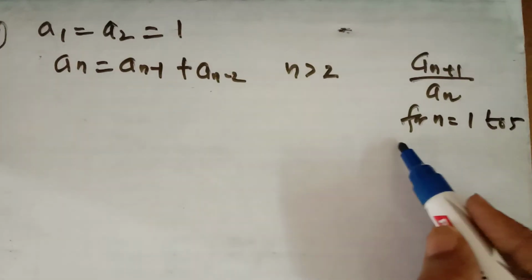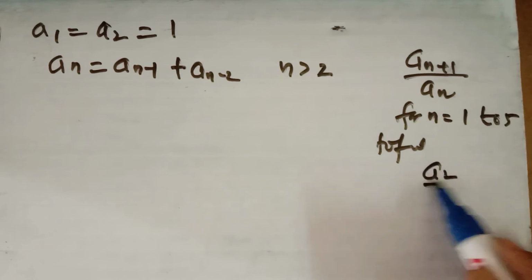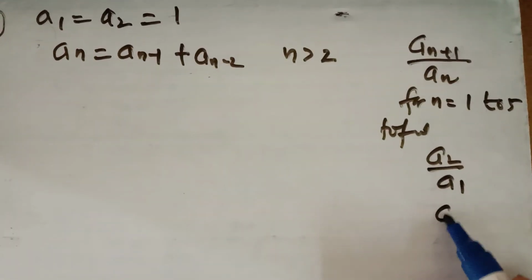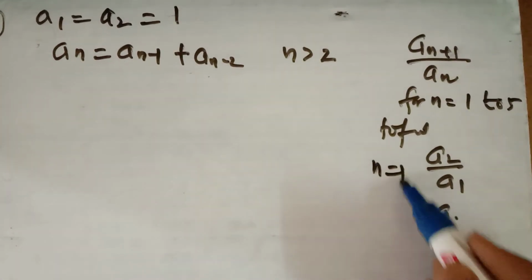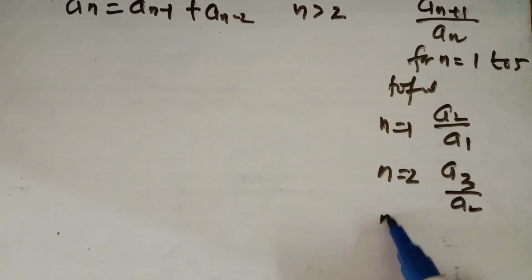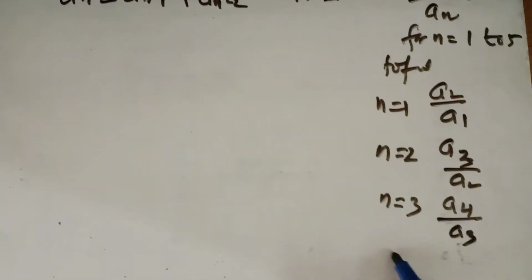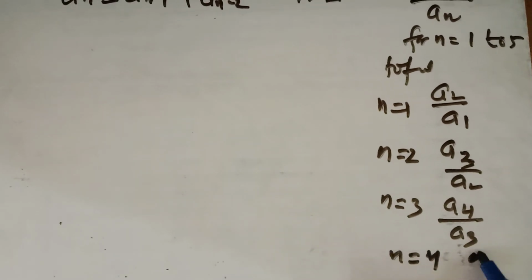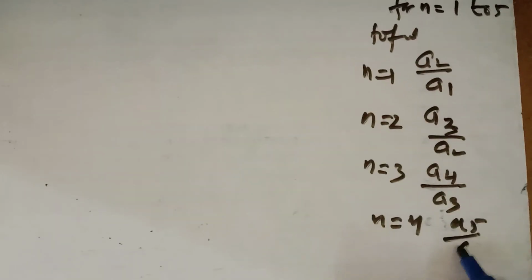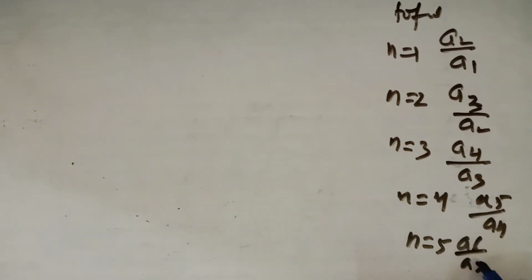That is, when n is equal to 1, you have to find a2 upon a1. If n is 2, you have to find a3 upon a2. Similarly if n is 3, you have to find a4 upon a3, if n is 4, a5 upon a4, and if n is 5, a6 upon a5.